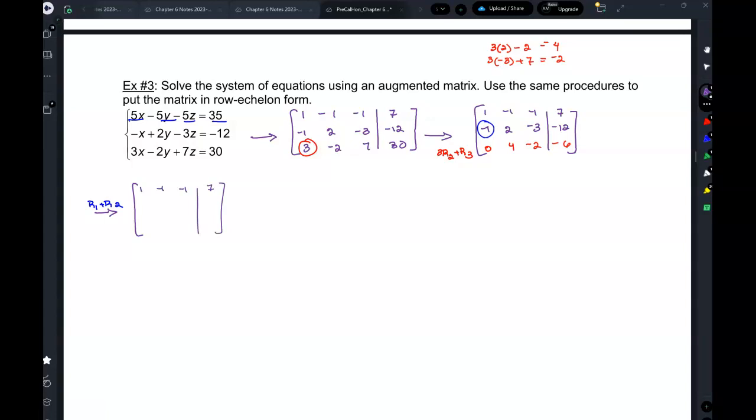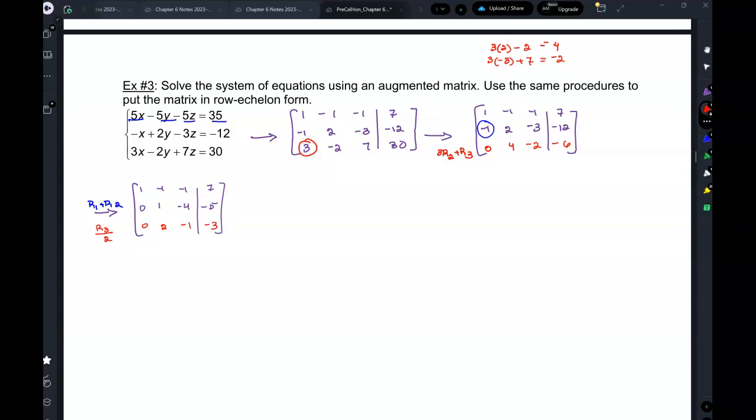Now, row 1 plus row 2, I get a 0, 1, -4, -5, right? And then I'm also going to do row 3 divided by 2. Why? Because I can, and I get smaller numbers to deal with. Because who wants to deal with a 6 when you can deal with a 3 instead? So 0, 2, -1, -3.